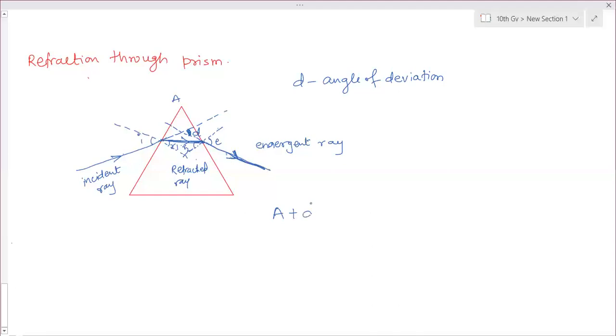The relation: I plus E is equal to A plus D. Sorry, A is angle of prism, D angle of deviation, and I plus E, angle of incidence plus angle of emergence, is equal to A plus D. This relation you have to remember.